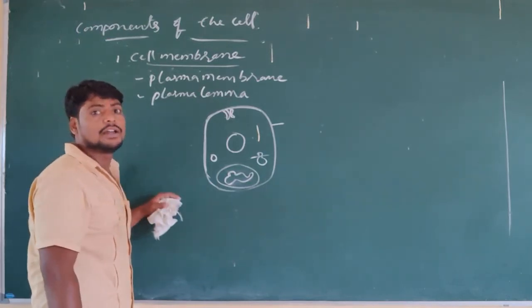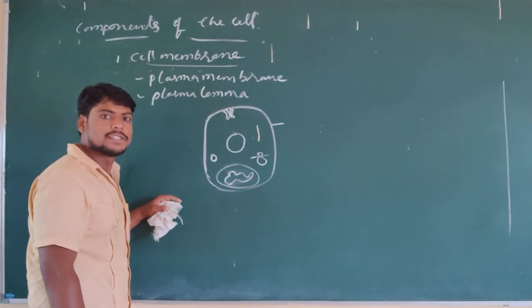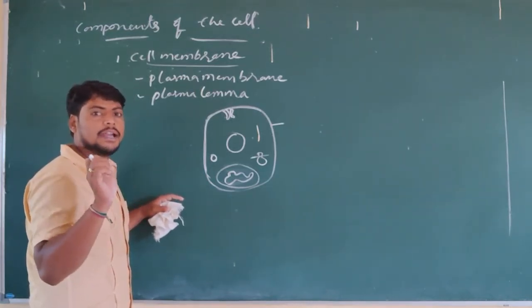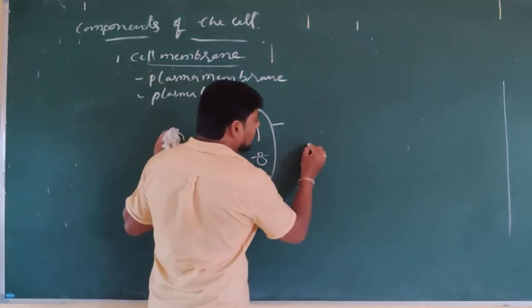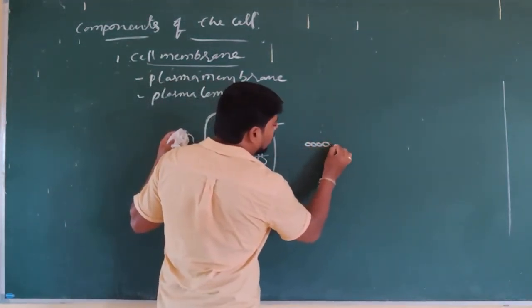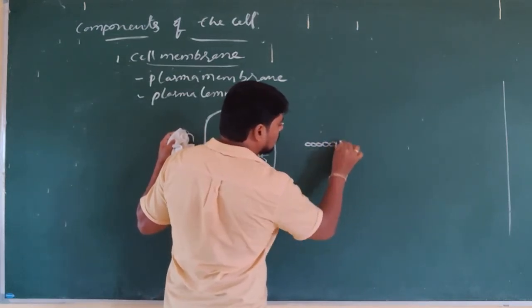And what is the composition of the plasma membrane? The plasma membrane of a cell is made up of phospholipids and proteins.